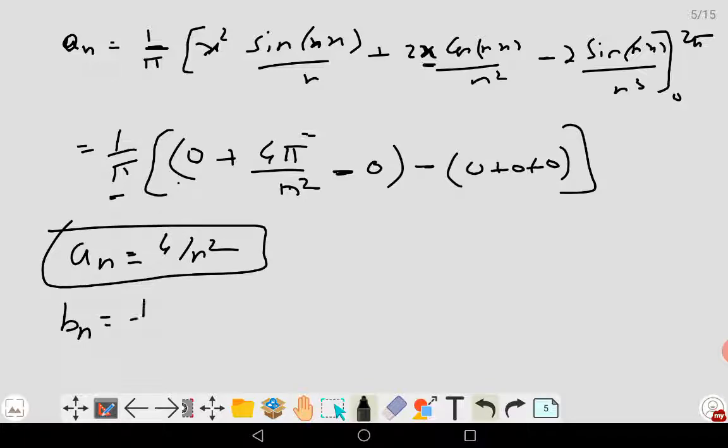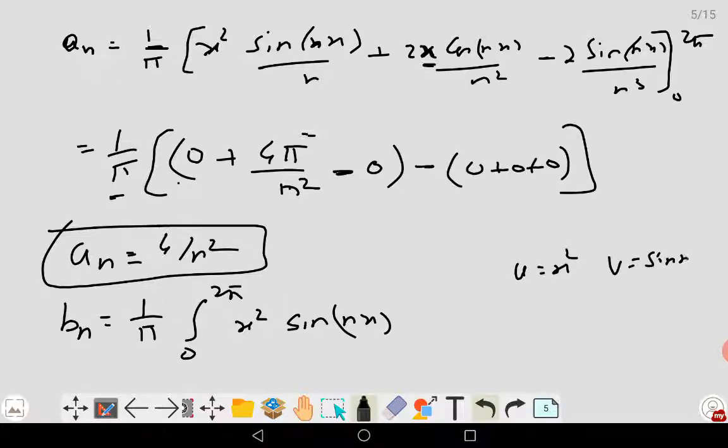Try bn yourself in this way: 1 over pi, and the limits 0 to 2 pi. The function is x squared sine nx. Take u equal to x squared and v equal to sine nx, and use the formula for integral of u v dx: u v1 minus u prime v2 plus u double prime v3.